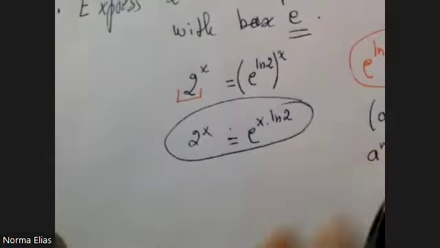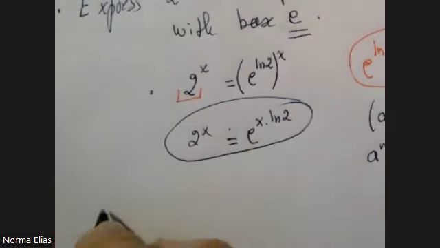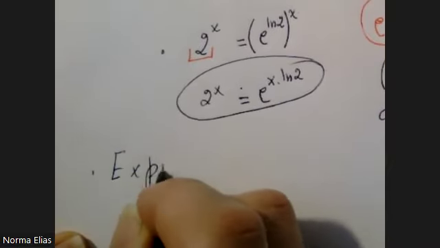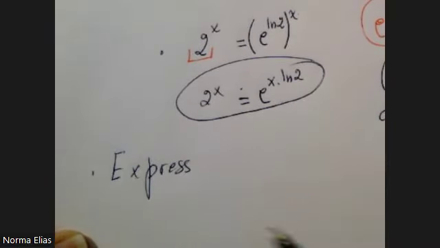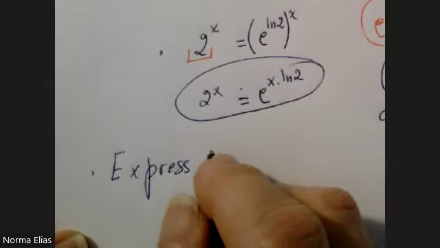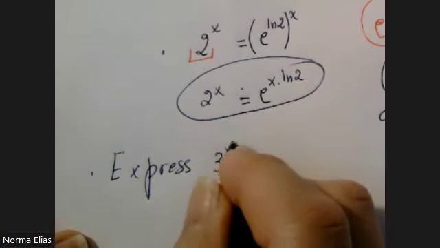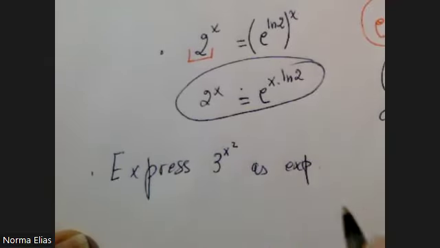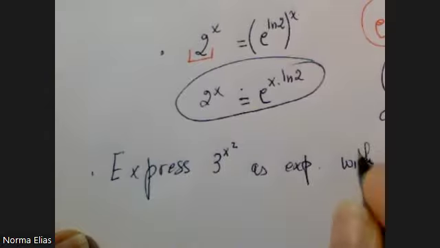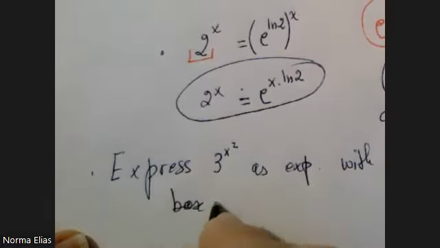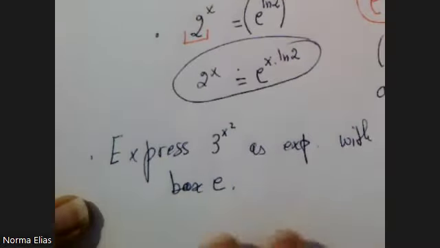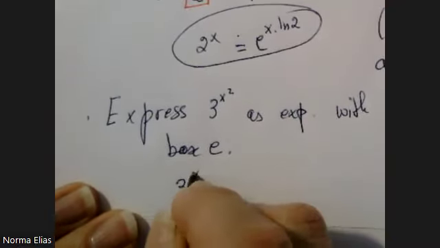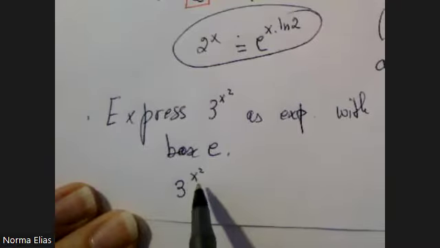So example number 2 along the same line. Now express 3 to the x squared as an exponential with base e. Okay. So how are we going to do that? 3 to the x squared. Let's be very careful.